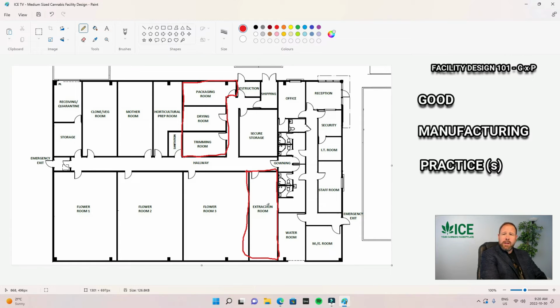Again, these are all standards that are generally accepted worldwide. It's the GxP standard. In, let's say, Europe, they've adapted the EU GxP standard. Sometimes you'll see a C in front of GxP, and that stands for current. So CGMP or CGxP stands for current manufacturing practices or current production practices.